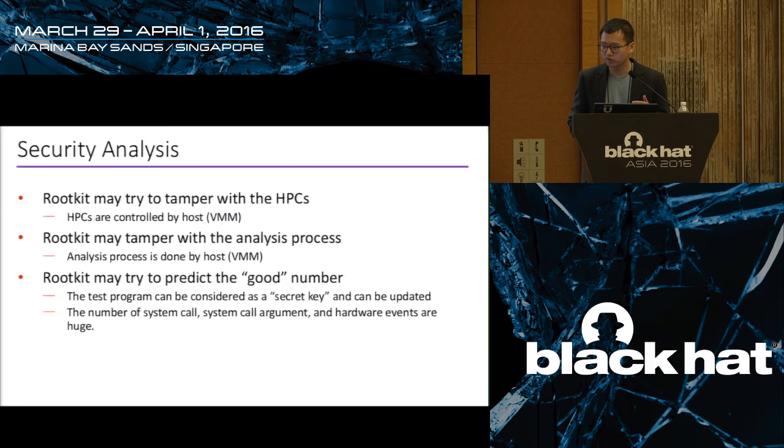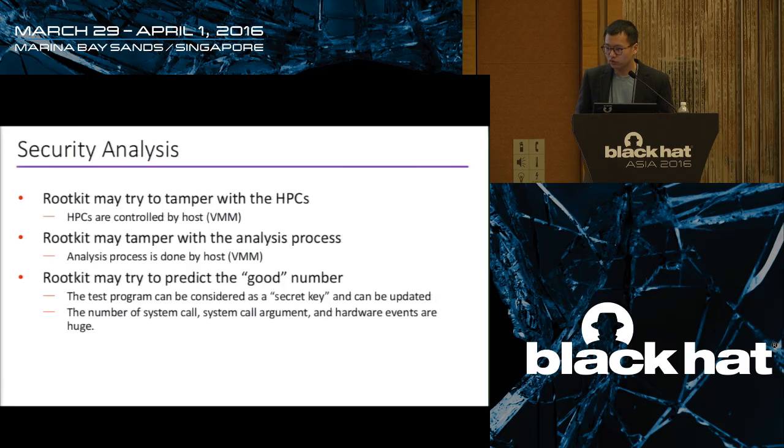The weakest rootkit may try to tamper with the performance counters, but this is not possible because performance counters in the CPU support full control in the VMM. The next type of rootkit may try to tamper with the analysis program. This is also not possible because our analysis program is in the VMM.